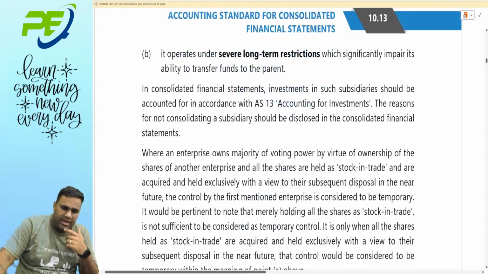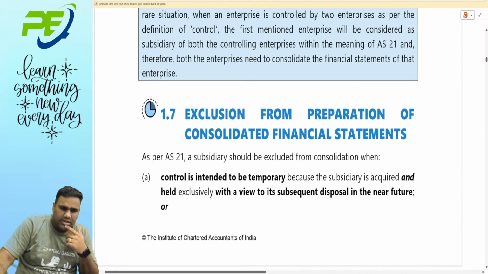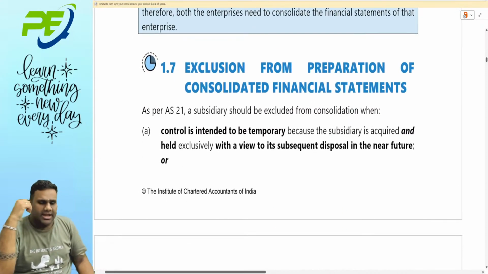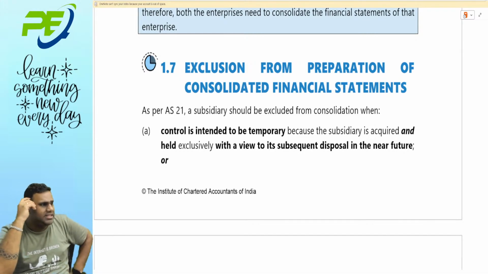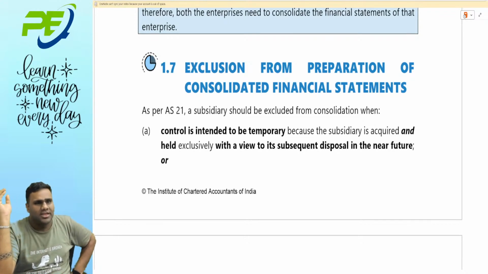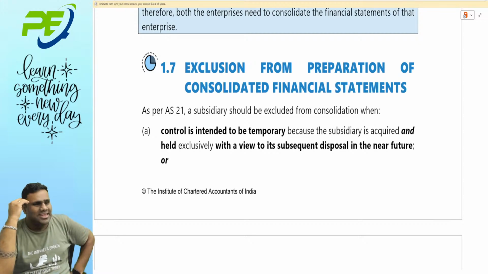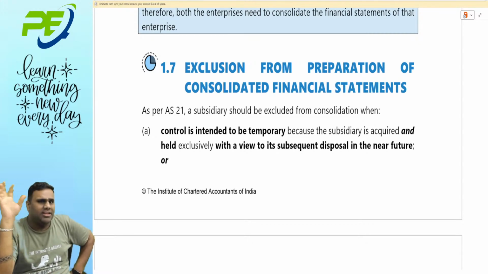Now exclusion from preparing consolidated financial statements. Let's say, for example, there is a company Navya Limited. They have done fraud. Scam 2024. They have done a scam.